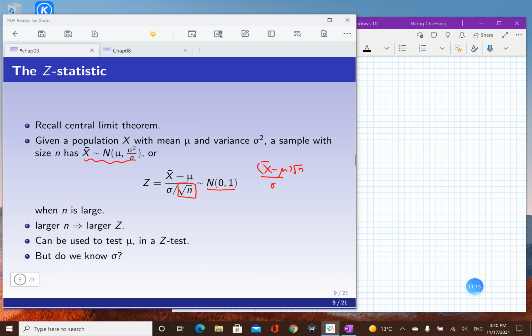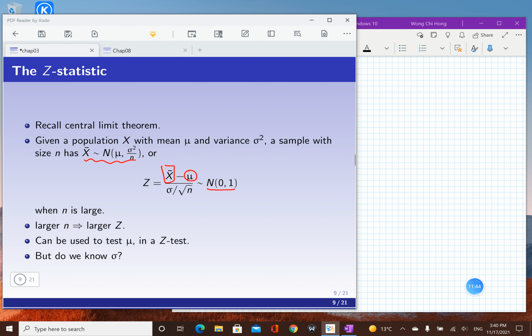That is to say, if there's any difference between your sample mean and the true value that you're trying to test. Assume that you have a value, the mu in your mind, you want to check whether this mu equals 50, for instance, but you have your x bar equal to 51.